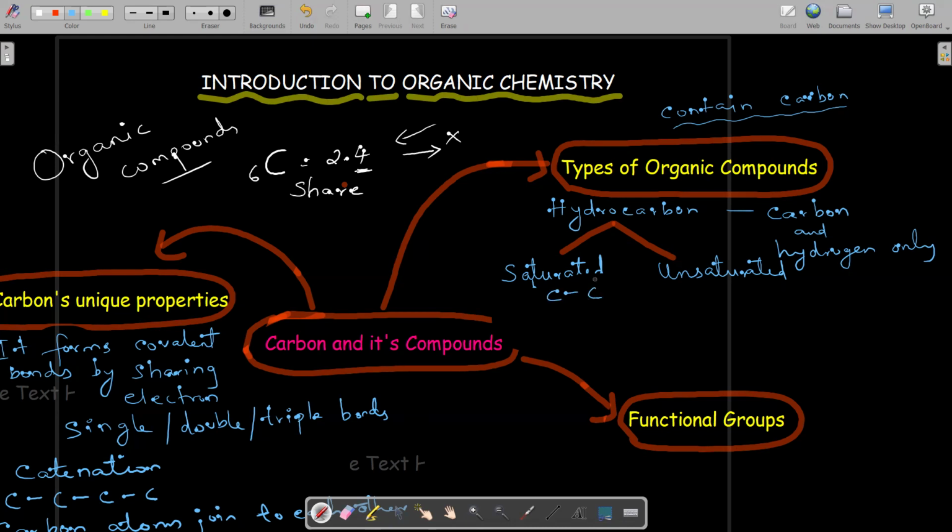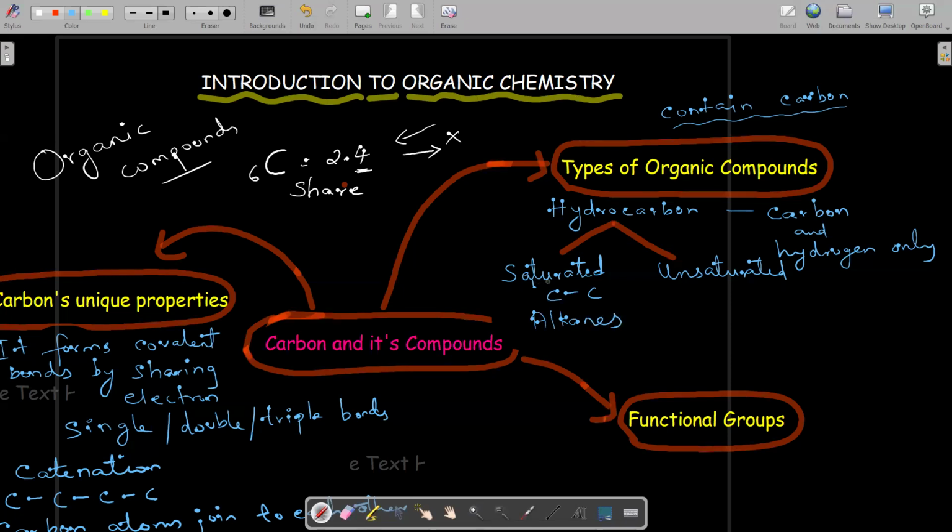No other atoms are added to these molecules, which is why they are called saturated. This family of saturated hydrocarbons are called alkanes.